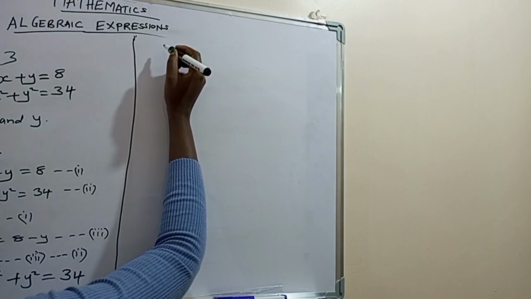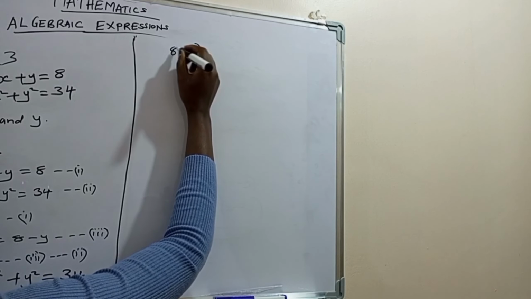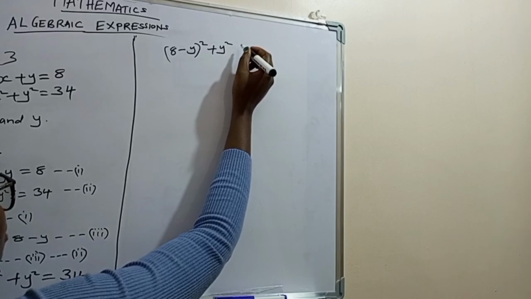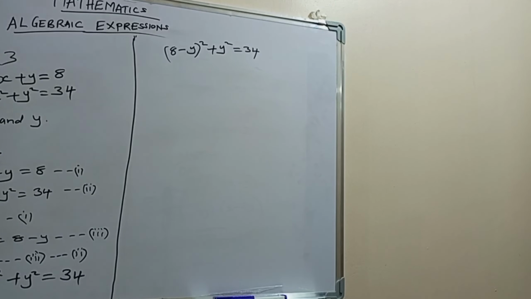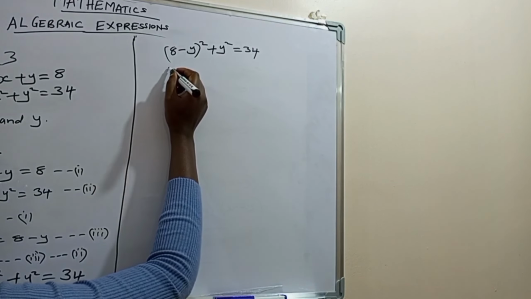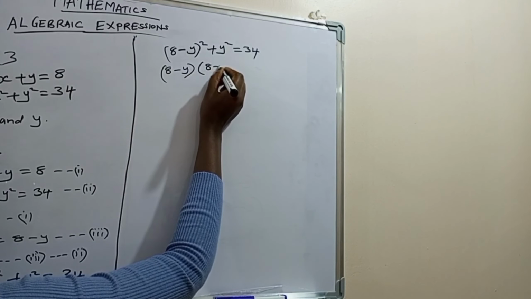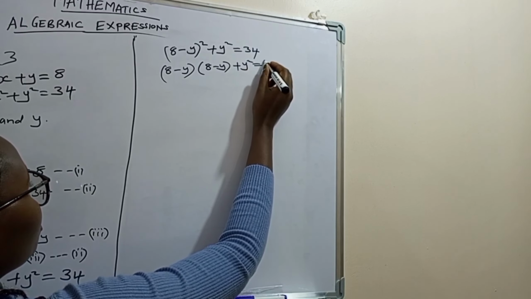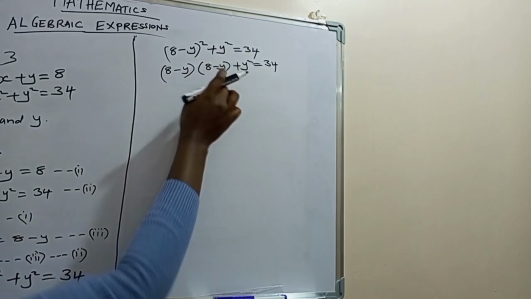So opening the brackets, we get 8 minus y into 8 minus y plus y squared is equal to 34.